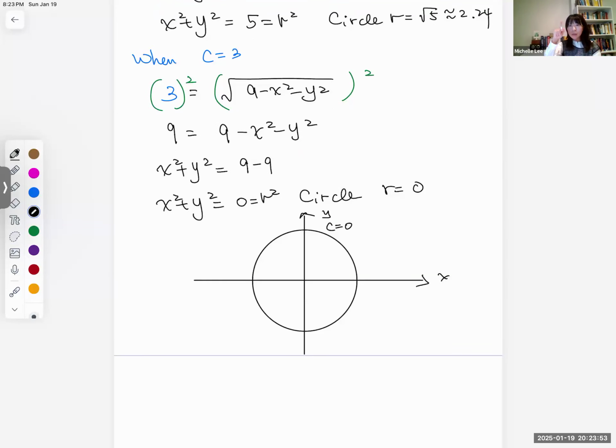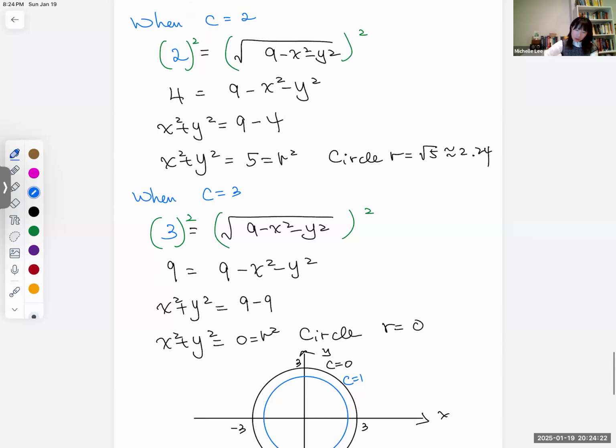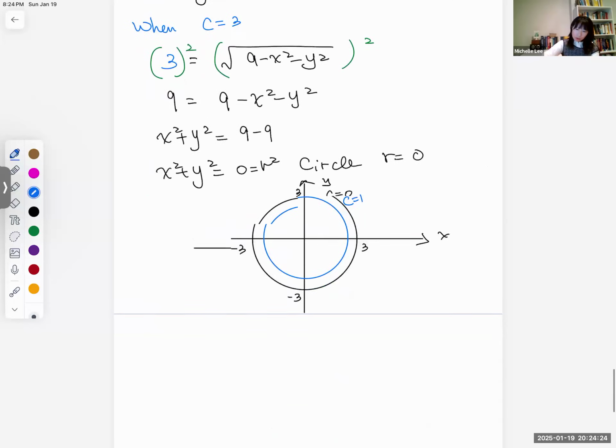Yeah, sorry about that. See, when c equal to 0, we have a radius equal to 3, right? So there it is. 3, negative 3, positive 3, negative 3. And then when c equal to 1, 2.83, right? So this is when c equal to 1. And then when c equal to 2, 2.24.